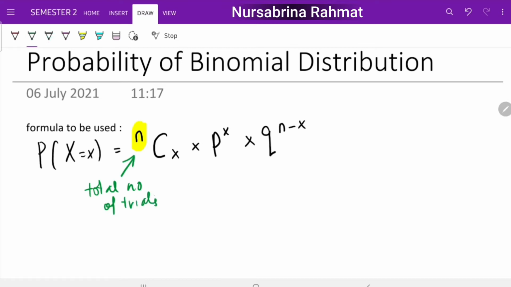What is x? x is the number of trials we are interested in. What about p?